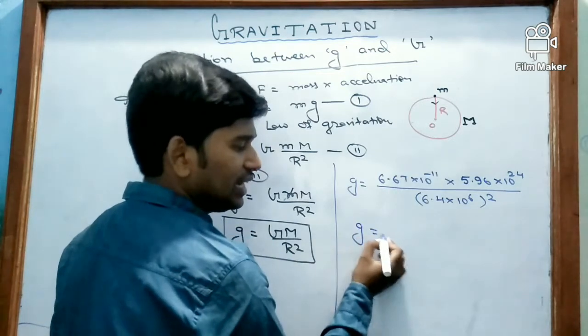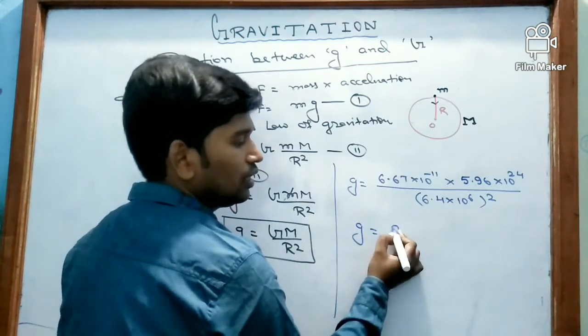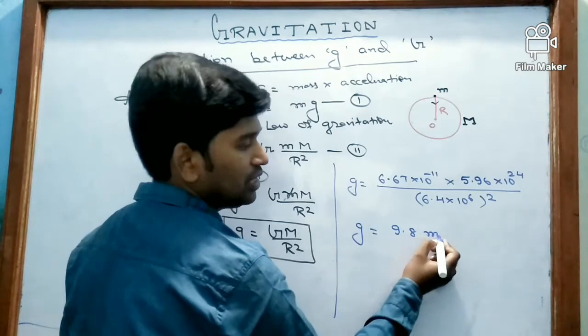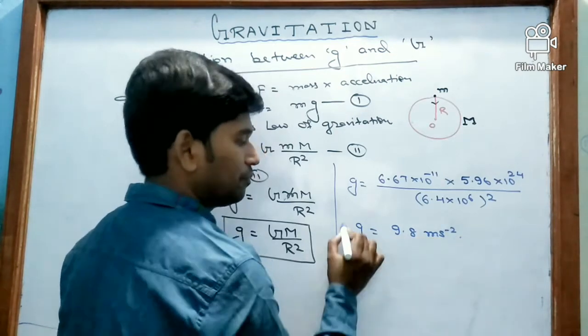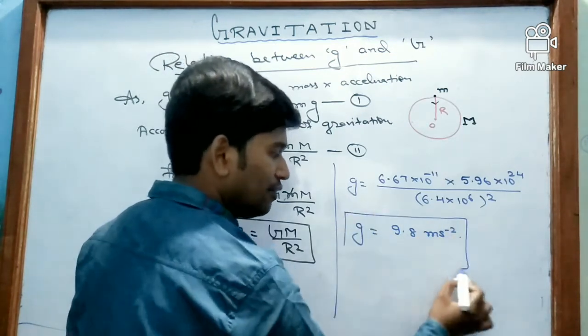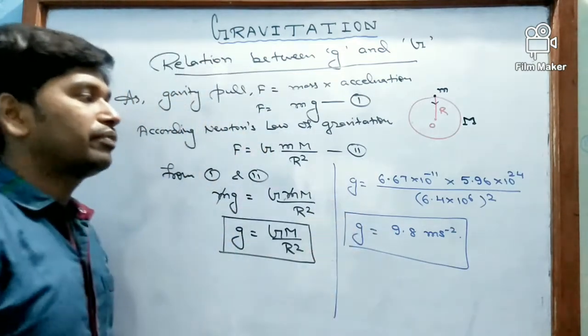On solving, we will get g is equal to 9.8 meter per second square. So this is the value of small g.